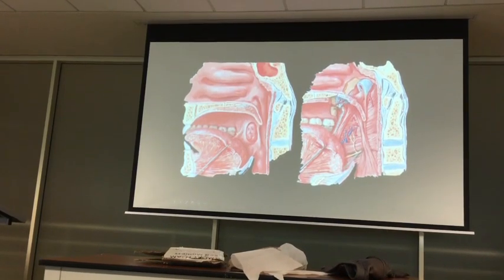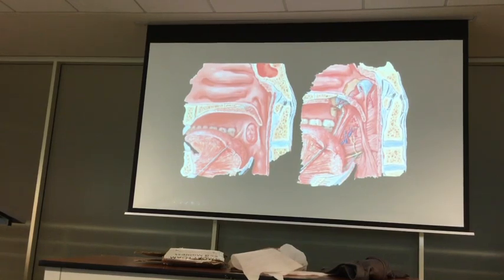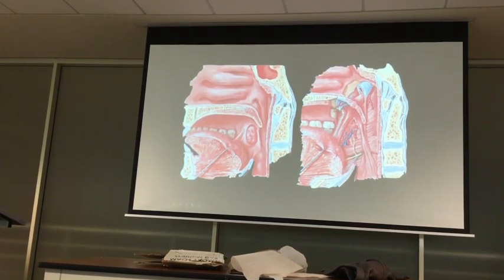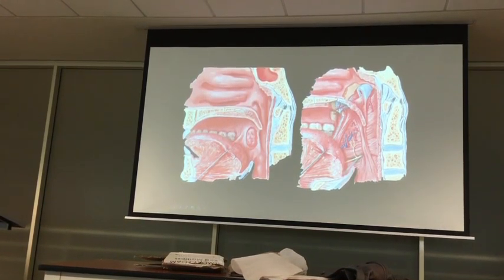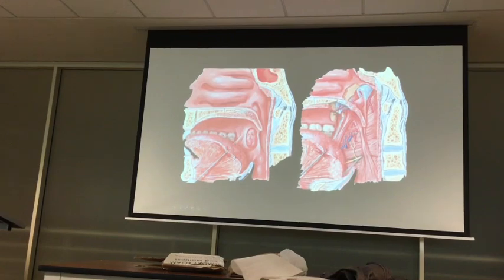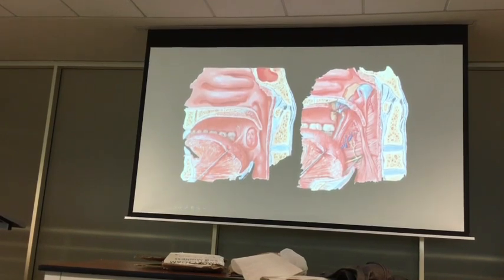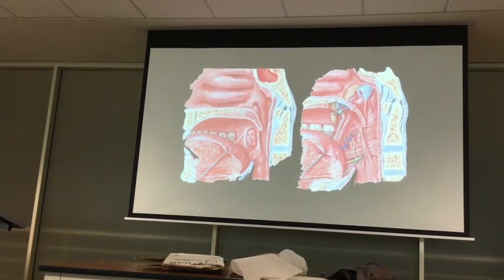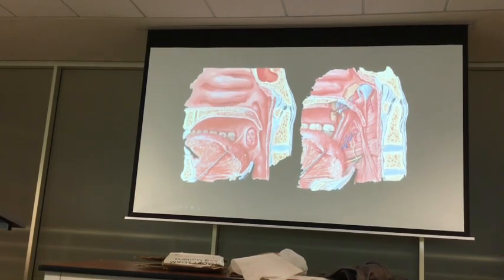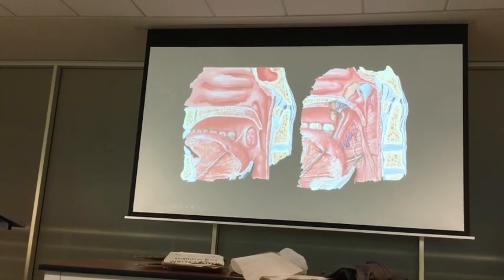Here, anteriorly should be the oral cavity, but posterior to this will be the oropharynx. So here is the delineation between the oral cavity anteriorly and the oropharynx posteriorly. So the posterior third of the tongue is in the oropharynx, the anterior two thirds in the oral cavity.